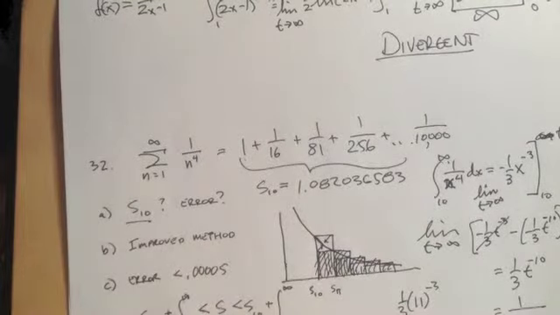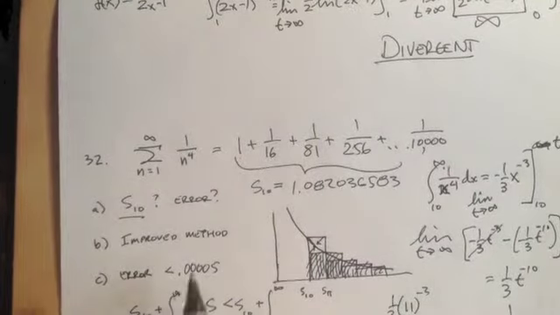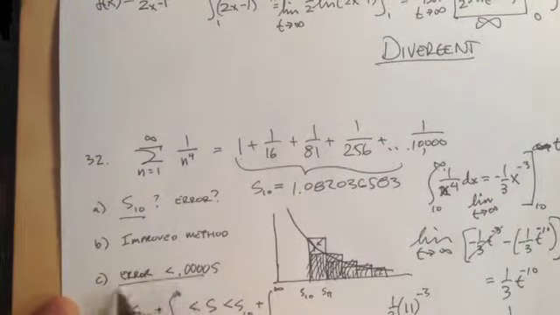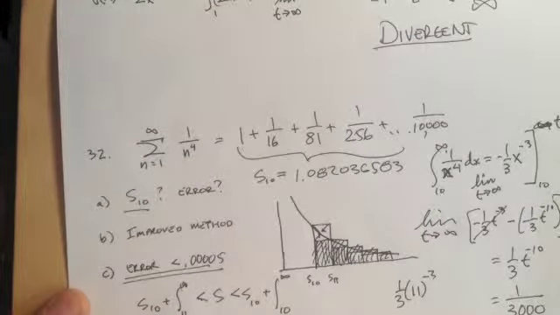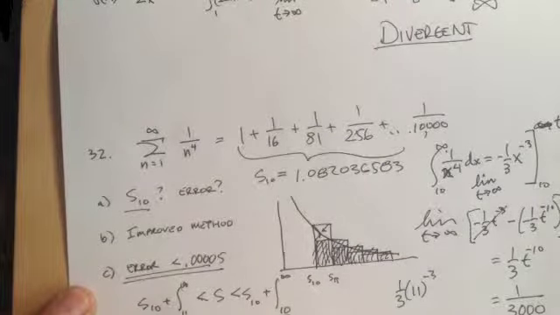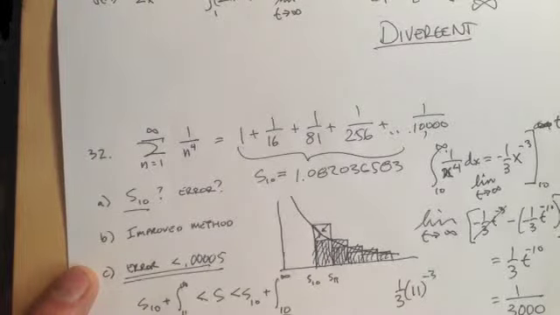All right. So the final thing will be to get an error that's within 0.00005. I do the same sort of thing. I just do 1/3 x to the minus 3 is going to be less than 0.00005.